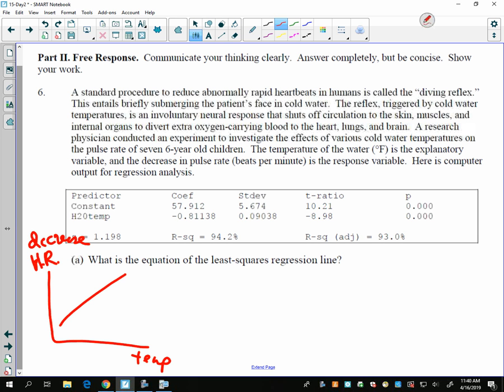It does? Okay. The higher temperatures have less decrease. Yeah, because it has to be negative. So it has to be this way.